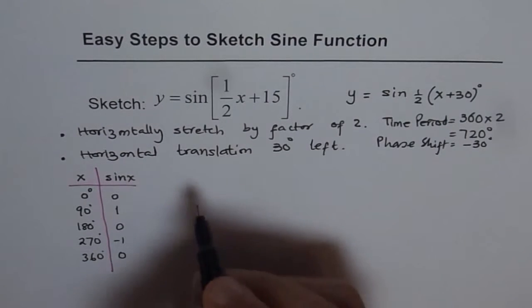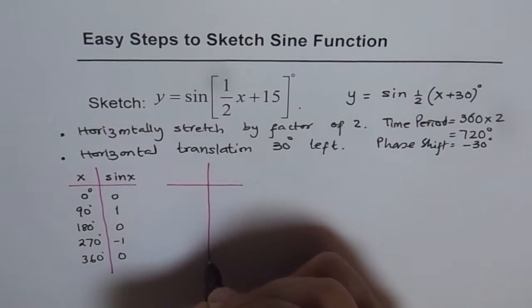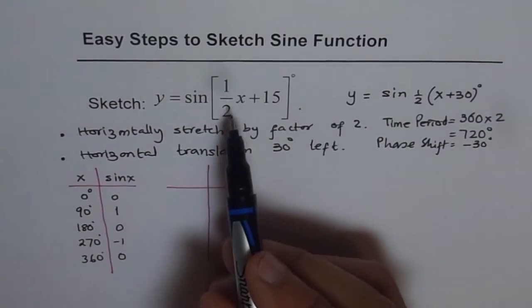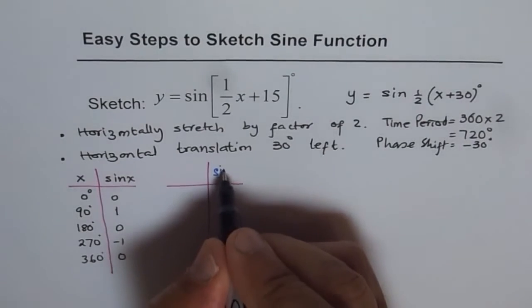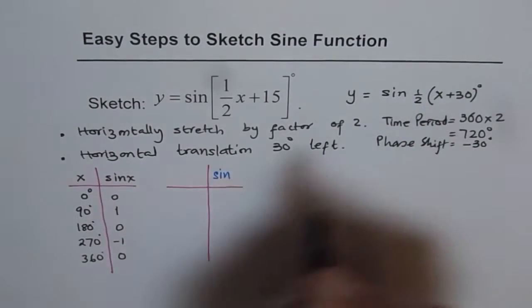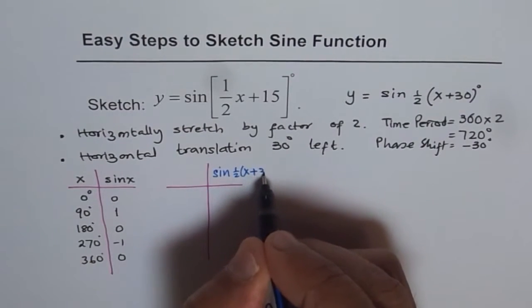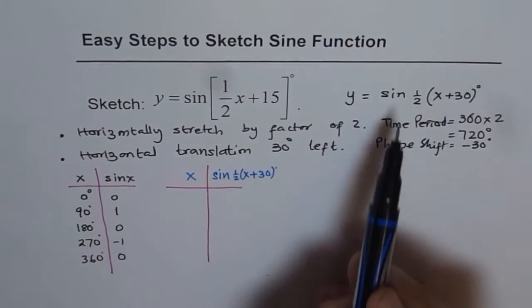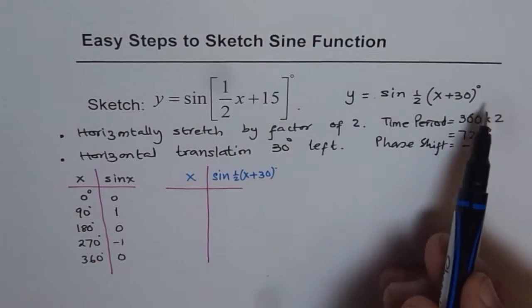Now when you transform, in this particular case, what is happening? The transformation really affects x values, not the y values, right? Now your function here is sine of, let me write, half x plus 30. Now, the y values are not getting affected. There is no vertical stretch, compression, reflection, or translation.